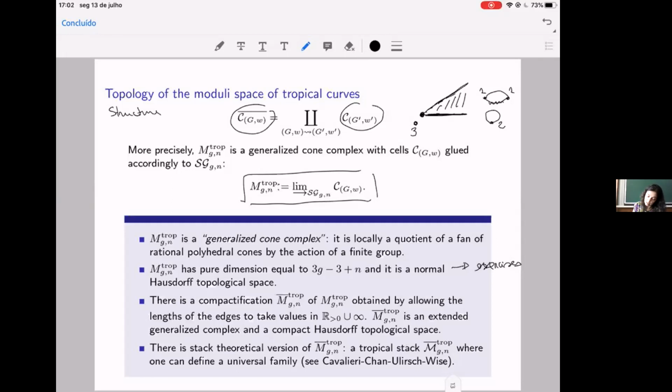Also, about connecting to the first part where we discussed different stages of solving a moduli problem, there is a stack theoretical version of M_{g,n}^trop, which was constructed by Cavalieri, Chan, Ulirsch, and Wise, and which somehow solves part of the problem of having a universal family for M_{g,n}^trop as well.